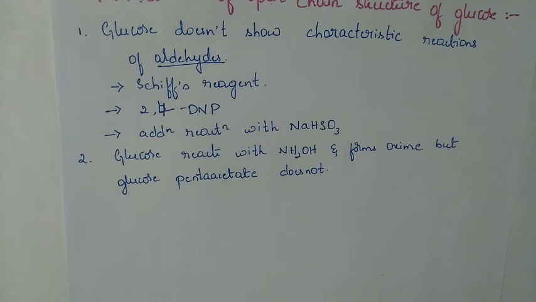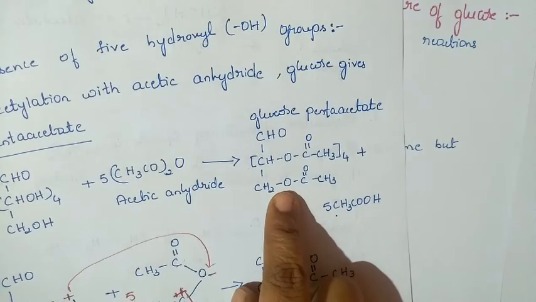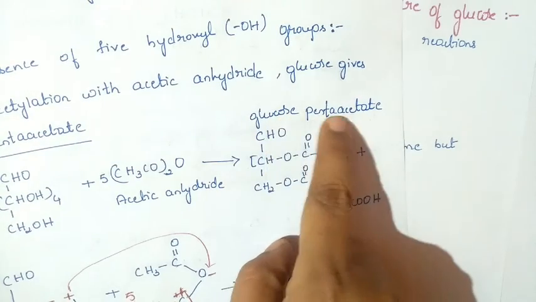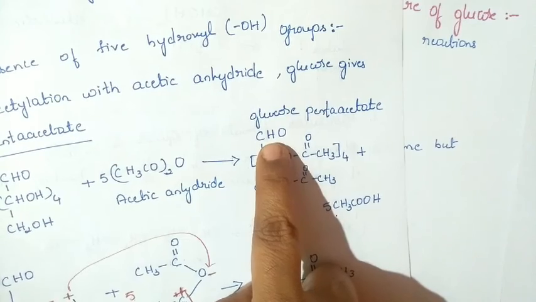Suppose we check the glucose pentaacetate structure. This is what the glucose pentaacetate structure is. We have studied it. Here also we have an aldehydic group.